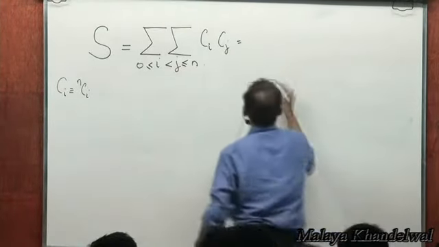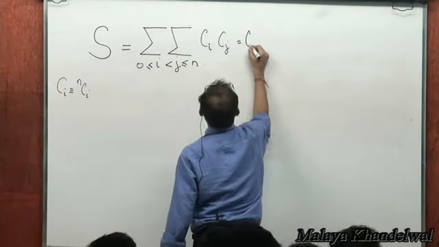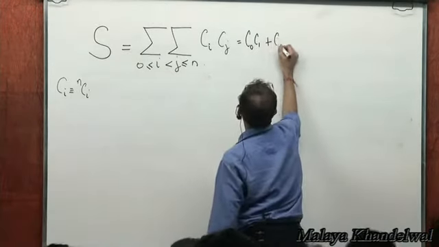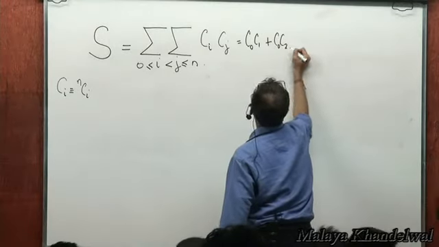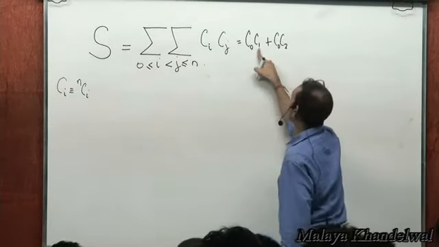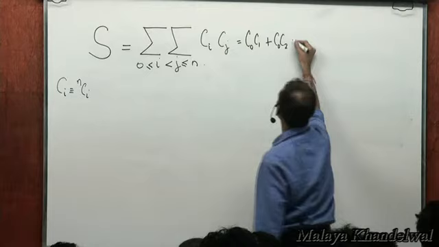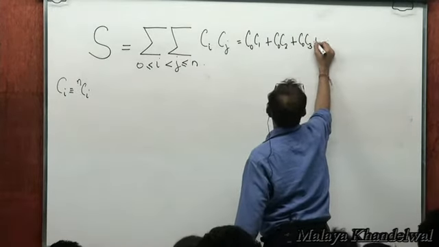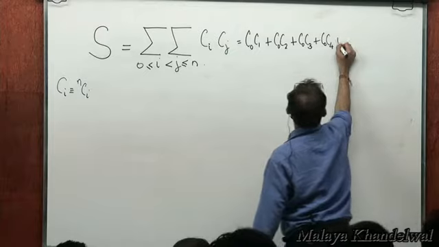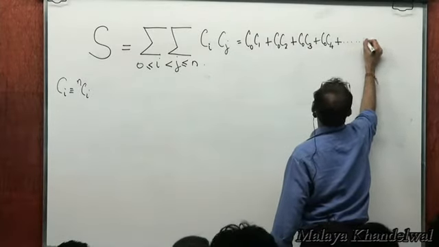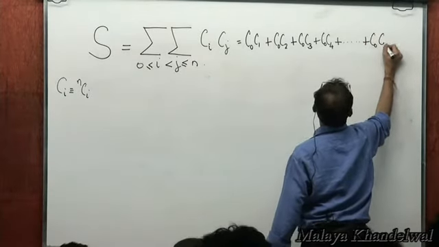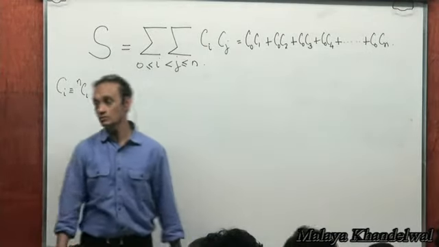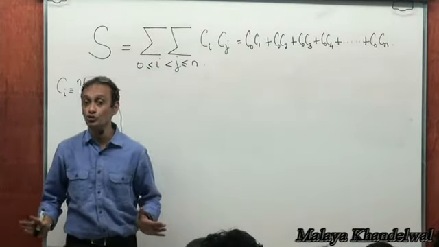So this is like C0 C1, i equal to 0, j equal to 1; C0 C2, i equal to 0, j equal to 2. This is all i equal to 0 and j going from 1 to n. Yes or no? Right, that's the first row for i equal to 0.